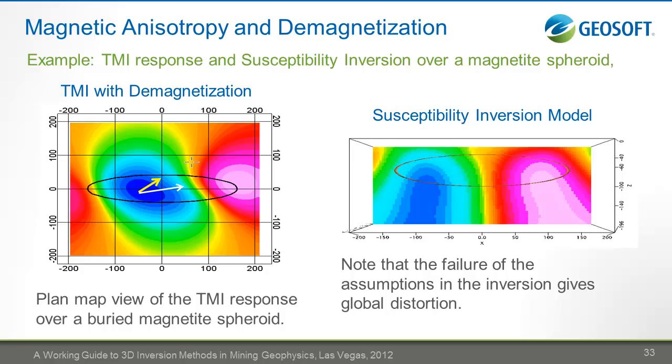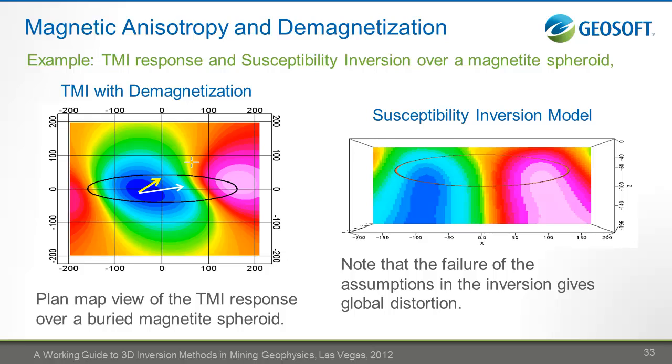Now, if we run the susceptibility inversion, making the assumption that the inducing field and the magnetization direction are the same, then we'll recover this model shown on the right. What you can see is that the model has a higher zone on the right-hand side, a lower zone on the left-hand side, and really does not show you any reasonable representation of this ellipsoid. That's to be expected because the approximations that have gone into the susceptibility inversion are not satisfied in this instance.